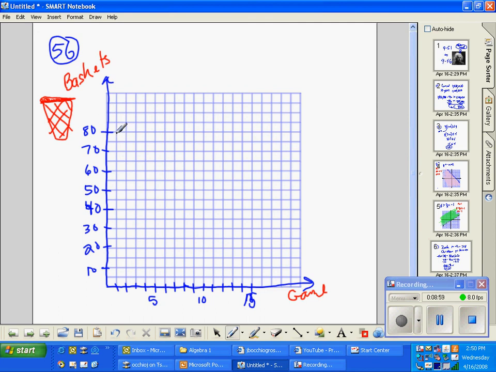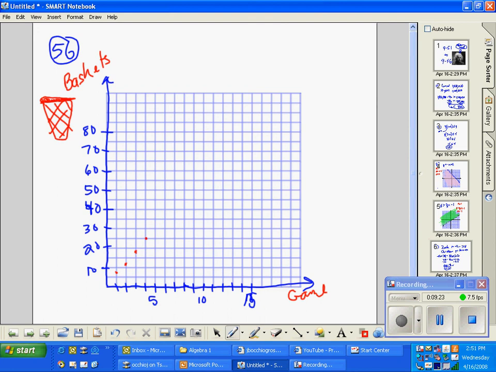All right. So game number 1 has 6 baskets. That's somewhere around there. Game number 2 has 11. Number 3 has 18. It's maybe here-ish. 4 has 25.